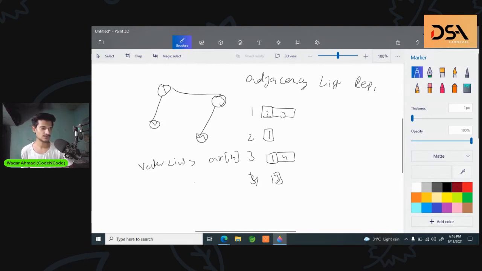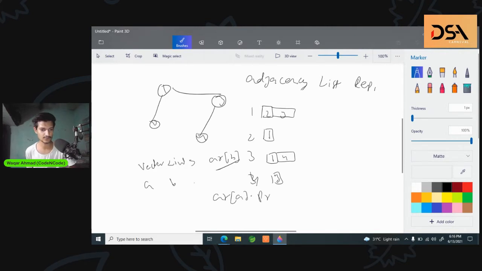So each node will get its own vector, which basically represents your list, so adding and removing from the list at the back only takes constant time. So if you have a vector like this and there comes an edge A B, what you can do is go to arr of A. I'm talking about the vectors. I'll show you with an implementation if needed.